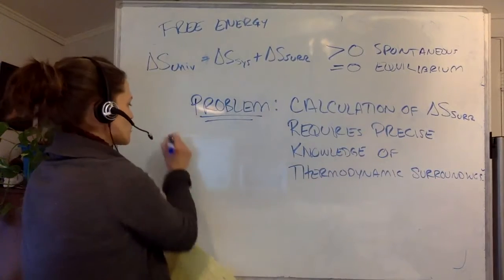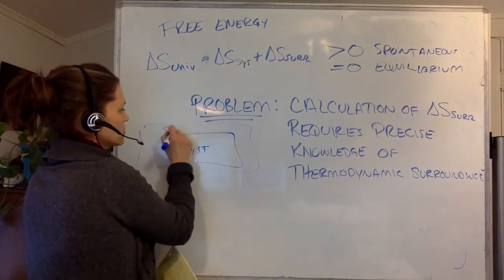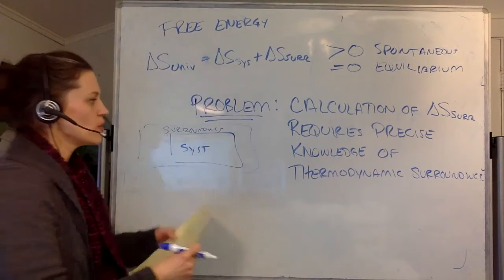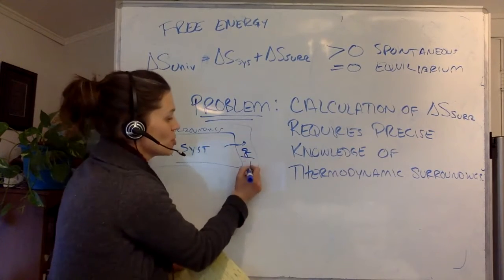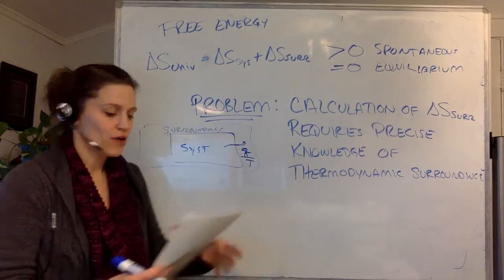That's hard. So if you have your system and then you have your surroundings, knowing how heat is leaving that system per temperature, so the change in heat per temperature, is going to be the definition of your entropy.